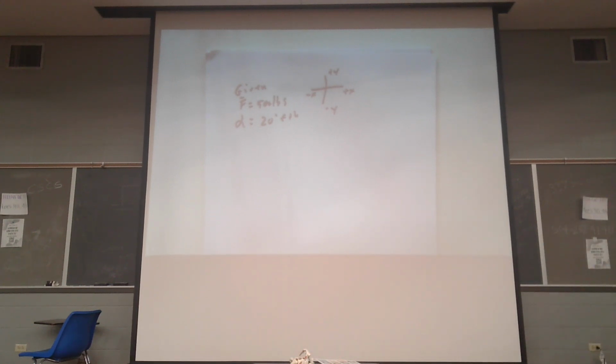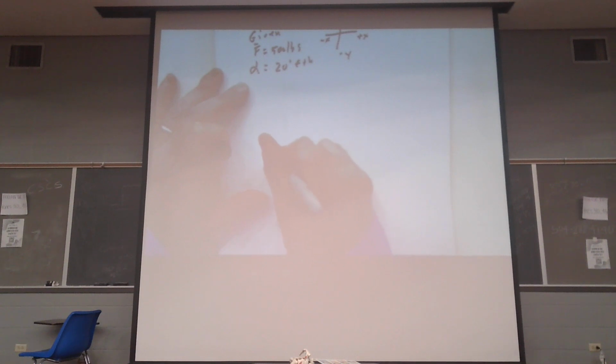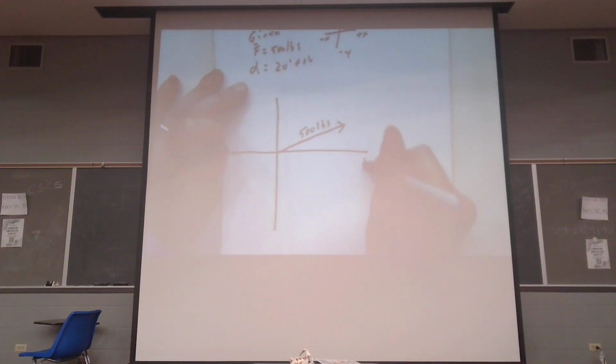Here is the scenario. 500 pounds, quadrant 1. All right, so far so good. And look, it might be deeper than 20.